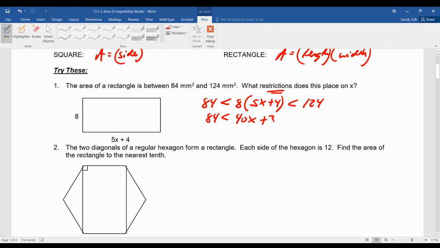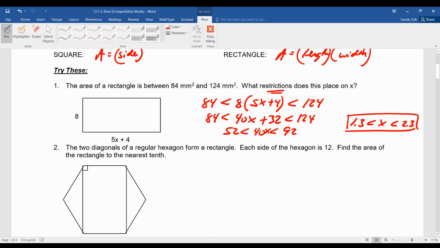So if I distribute, and now I just want to isolate the x, but I'm going to isolate the x in the middle. So I'm going to subtract 32 from all three places, right? So I get 40x is between 92 and 52. Sorry, there should be an x there. And then, of course, you do a little division, and you will get some decimals, 1.3. x is in between 1.3 and 2.3, I believe. That's just a restriction problem there.